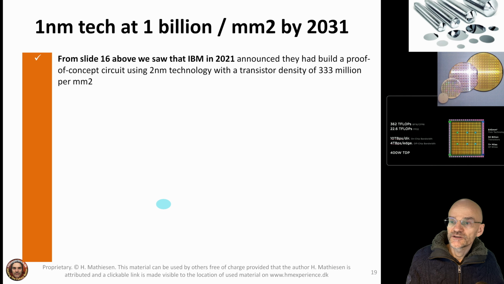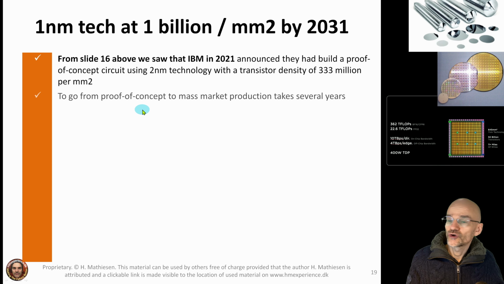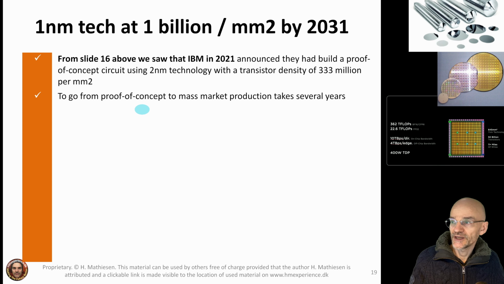Okay, so in slide number 16 that I talked about before, we saw that IBM had announced in 2021 that they built this proof of concept circuit using 2 nanometer technology with a transistor density of 333 million transistors per square millimeter. To go from proof of concept to mass market production takes several years.